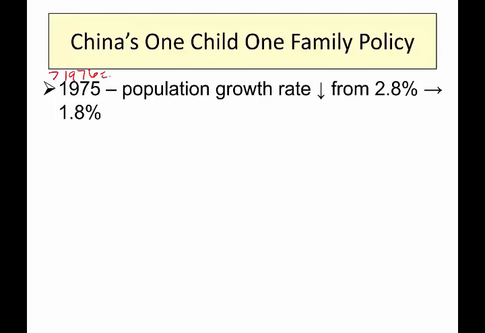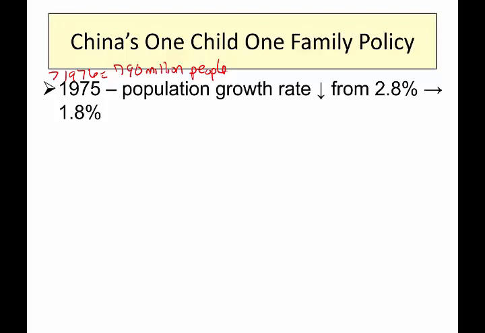So if we take a look at this one-child policy, just as a reminder, by 1976, there were about 790 million people in China. So remember, the population had grown from 540 million in the 40s, so there had been an increase. And then Mao Zedong put into place his one-child, one-family policy.